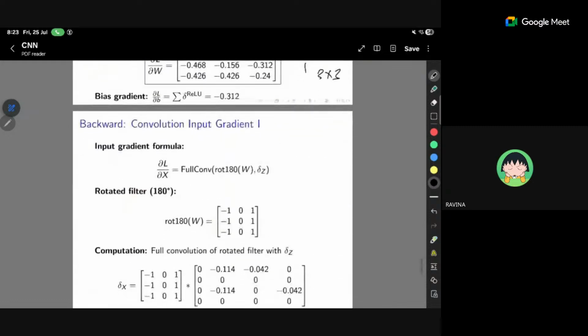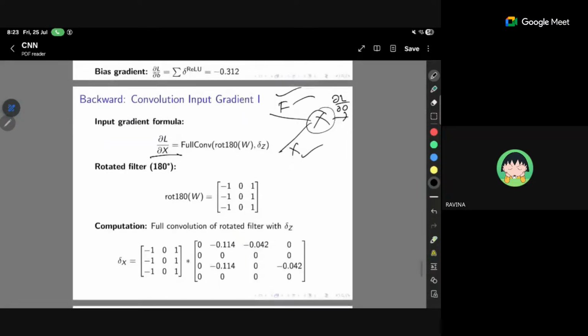But if you wanted it with respect to the input itself, so we had filter, we had input, and then convolution happened. So we are here, right? So dL by dO. Now this part we have done. Now this part you want to do, that is called full convolution. You are going to rotate the W by 180 degrees, right?